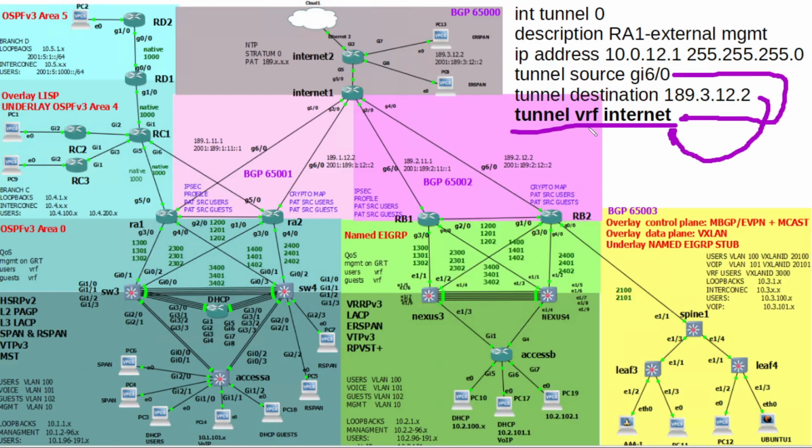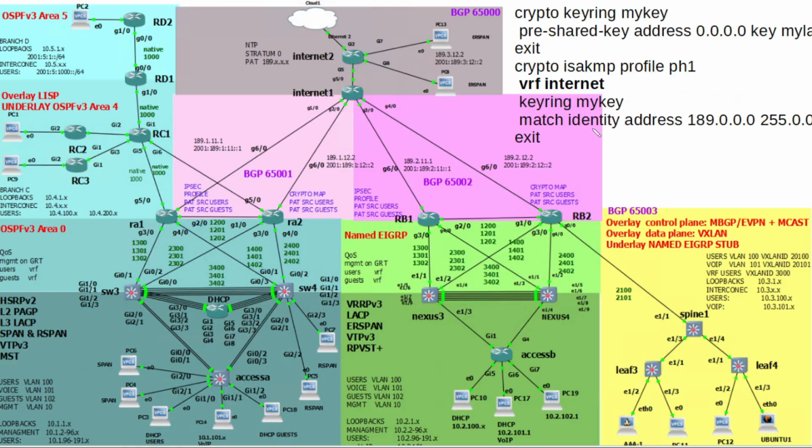We are going to use this command. Likewise, for configuring IPsec, we need to let IPsec know that the destination peers to which we are going to build IPsec conversation with live inside the Internet VRF. So let's go to the lab in order to configure this.